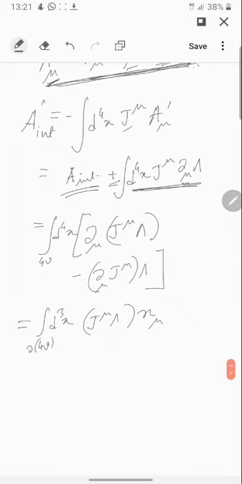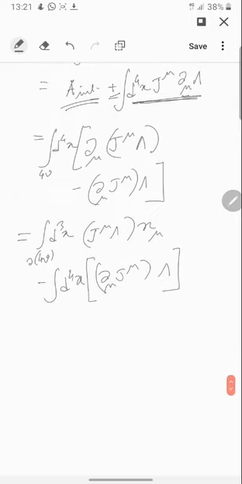So this is a boundary term. This is the first term, and the second term will be d4x, then del_mu j^mu into lambda integrated all over the 4-dimensional spacetime. So let us see what happens to the first term.